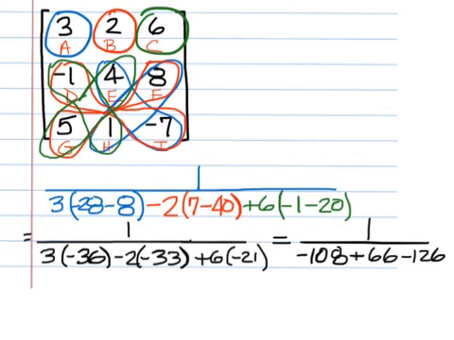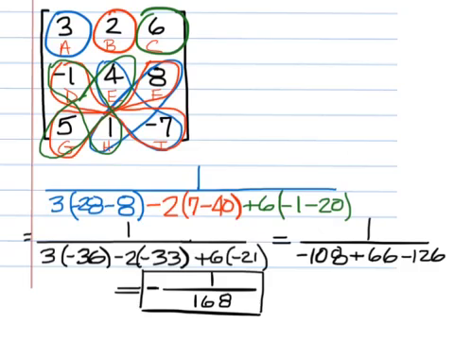Now simplify even further. 3 times -36 is -108. And then -2 times -33 is 66. And 6 times a -21 is -126. Of course, you have to simplify it all the way down to just one number for the denominator.